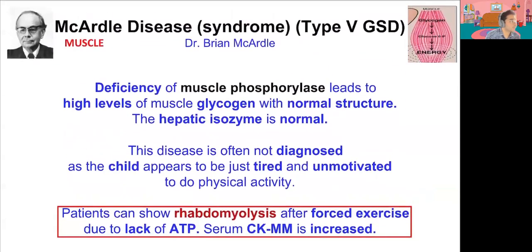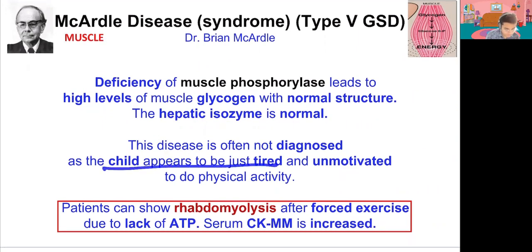McArdle's, right? This is talking about specifically the muscle type of phosphorylase, right? It's the muscle phosphorylase being deficient. So high levels of glycogen, normal structure, right? Hepatic isozyme is completely fine. So are you going to have hepatomegaly with this? No, right? It's going to be more of a muscular level thing. So what we remember is McArdle, muscle. Hepatic isozyme is normal.